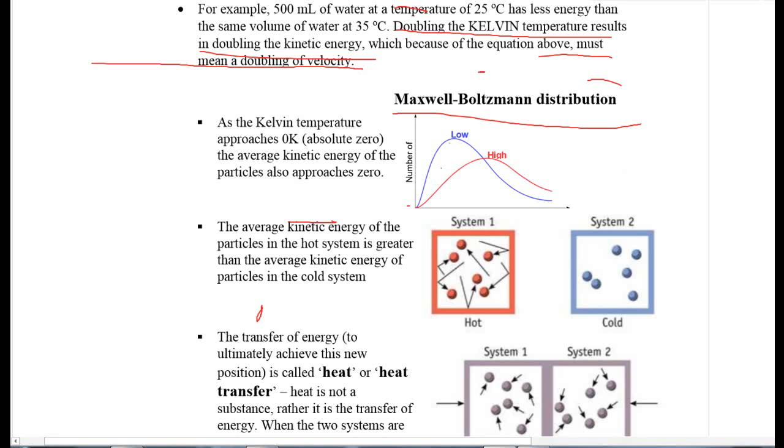But as I add some temperature, the higher the temperature, the higher the kinetic energy, the more spread out this distribution becomes, right? So this distribution, the area under the curve, represents all the particles and how many particles would be at each different energy, right? So if I have a higher energy or a higher temperature, I'm going to have particles at all different energies, but they're going to be spread out.